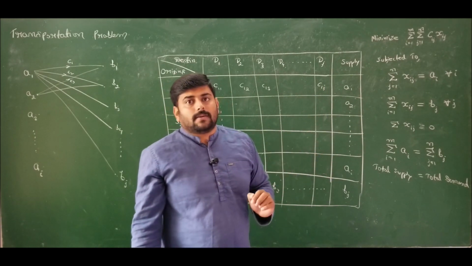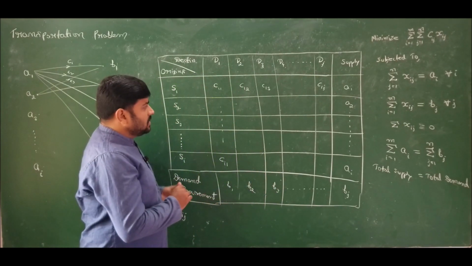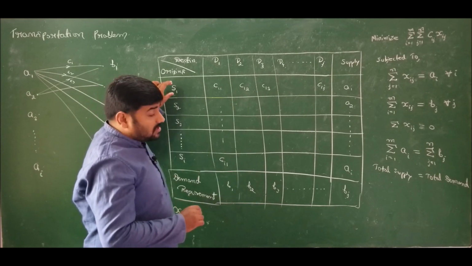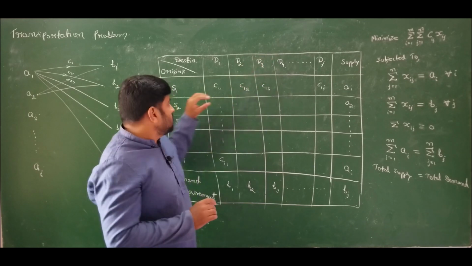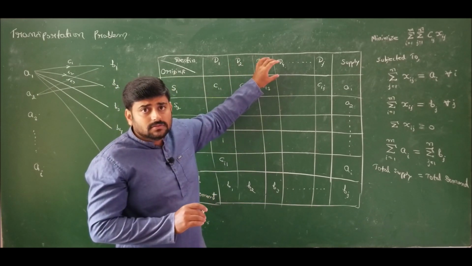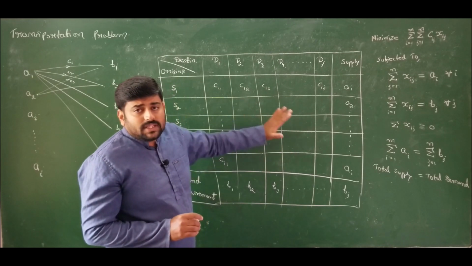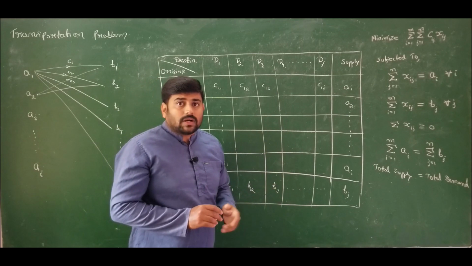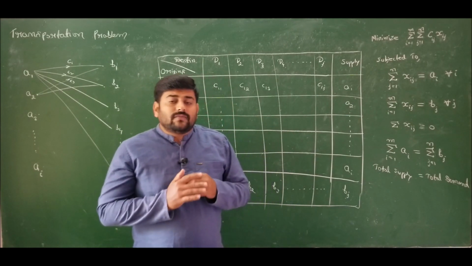Now if I allocate the supply of the commodity from one source to one destination, and if I make allocations like that throughout this transportation problem, then the set of allocations I make, which reduces the deficiency, is called a feasible solution.